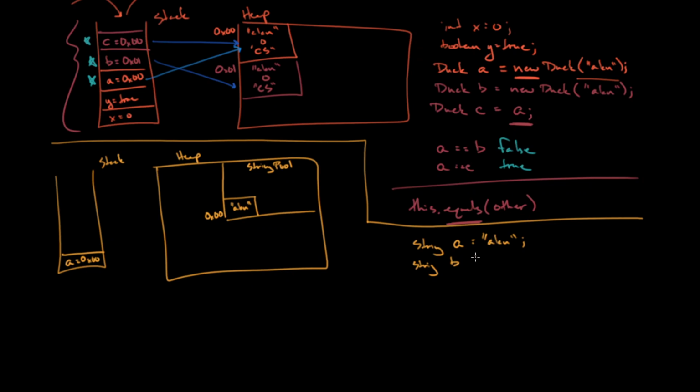All right. Now, make another string. String B equals Alan. All right, so Java, in its effort to conserve space, says, all right, let's make my new variable in the stack. I'm going to go look at my string pool. Does the string Alan already exist? It does. It's right here. Awesome. Fantastic. I don't need to point anywhere else then. I'm just going to point at that same memory location. And the answer is, well, how could this possibly happen?